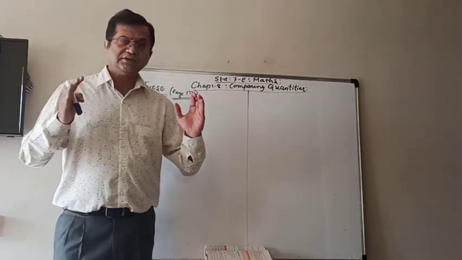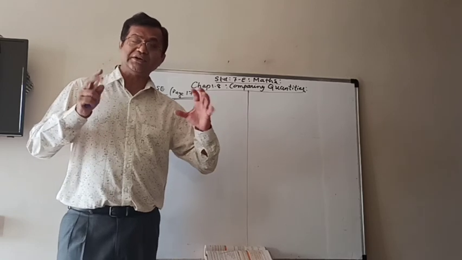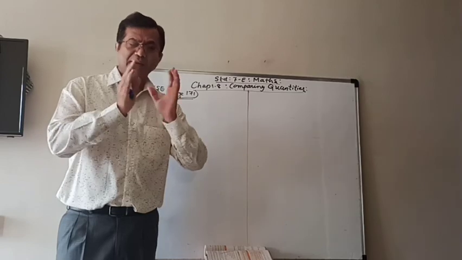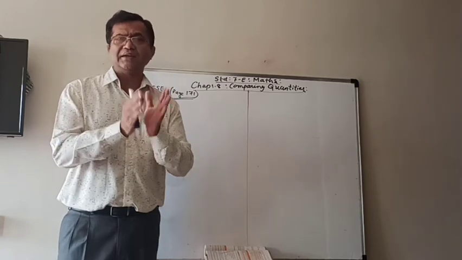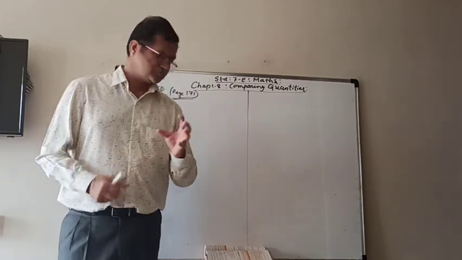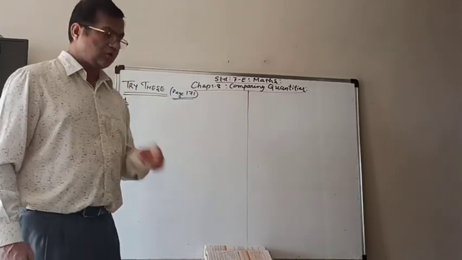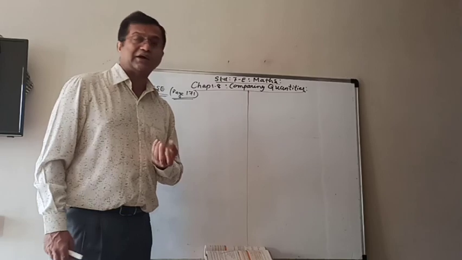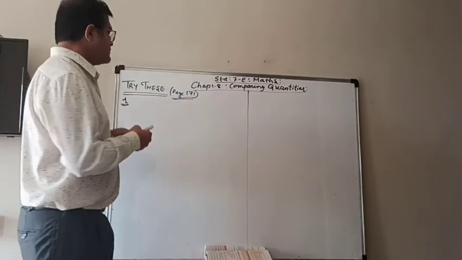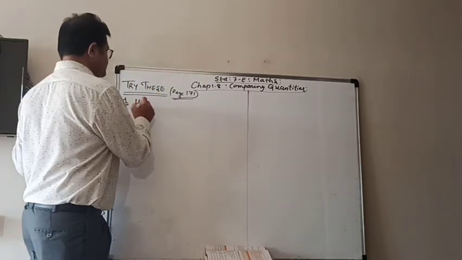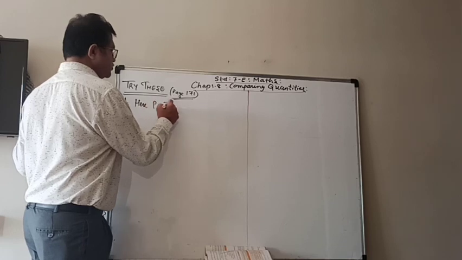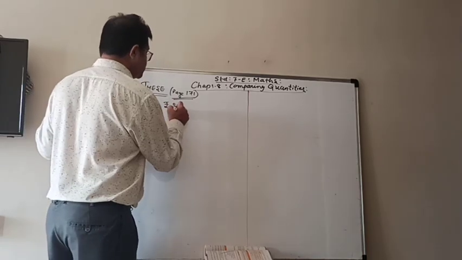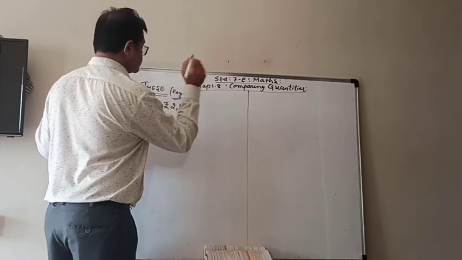Now when you read it, don't read it so fast. Read it very slowly and write down whatever is there. So let us understand how to write down. First, you have rupees 2400 in your account. It means that is your principal amount. Means here P is equal to rupees 2400.